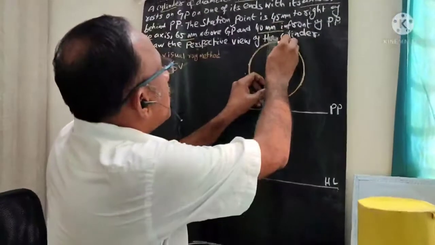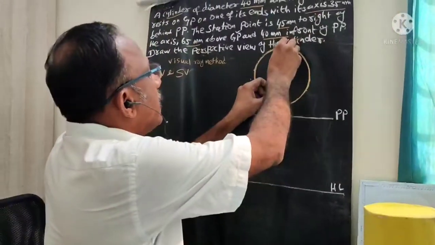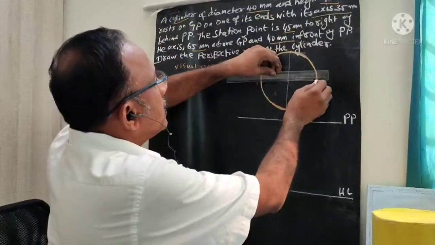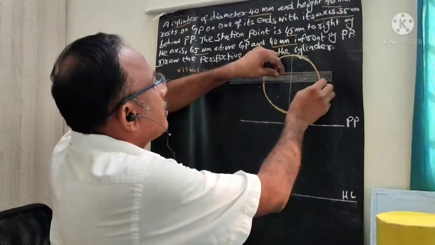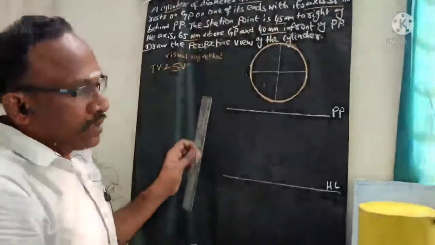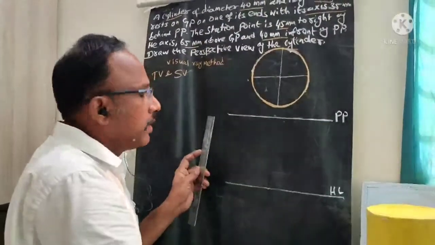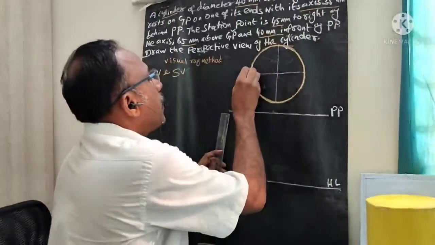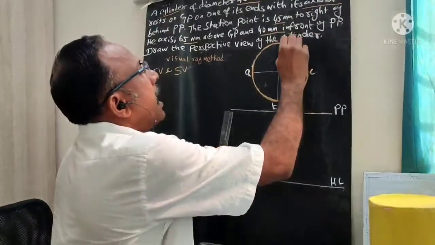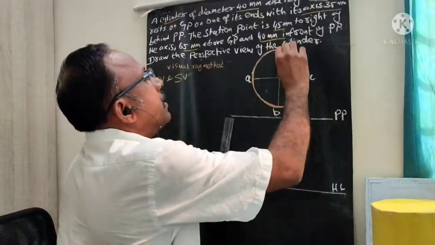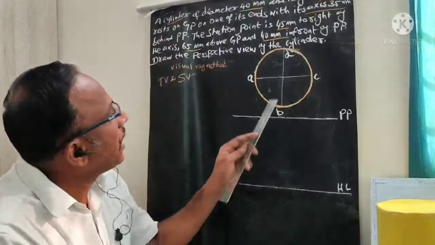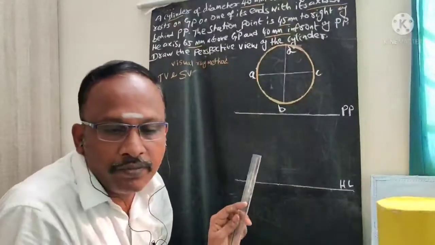First I draw one vertical line and one horizontal line. This is the way I can divide it into 4 parts. I will name the points A, B, C, and this point I call D. I divided it into 4 parts. I have completed my top view.